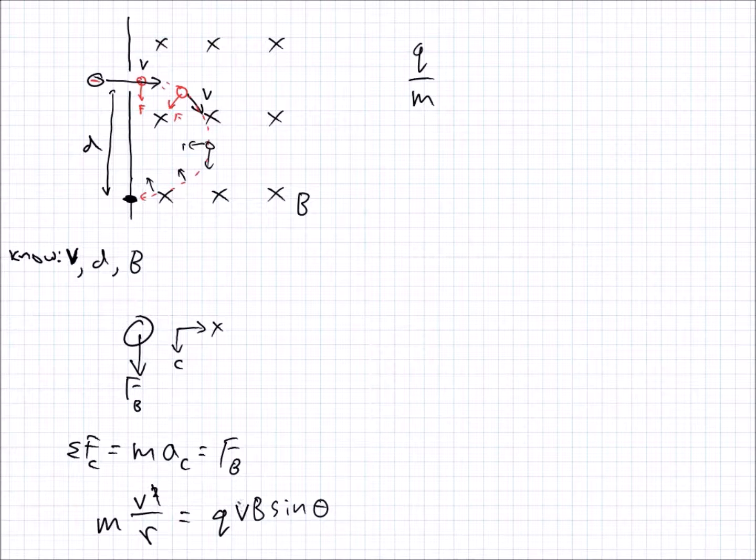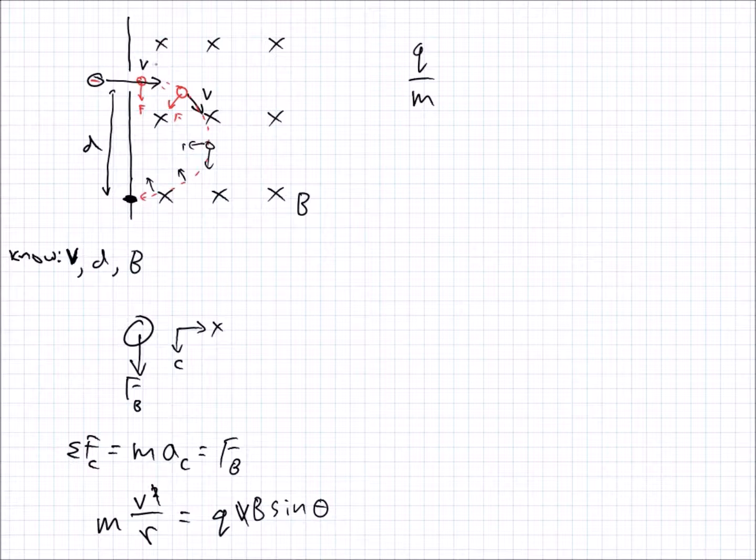We can get rid of one of those there. Let's start to interpret this a little bit. We're looking for q over m, so we can rearrange for that, but we don't know this r exactly, maybe, or this theta. We have to talk about them in any event.